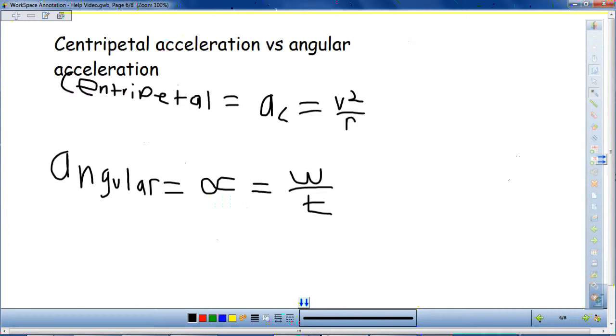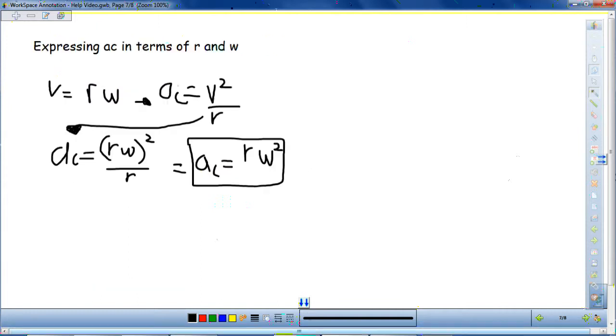And your angular acceleration is, of course, alpha. And if you want to express your centripetal acceleration in terms of your radius and your omega, you plug them into your v squared over r equation, and then you get your centripetal acceleration equals radius times omega squared.